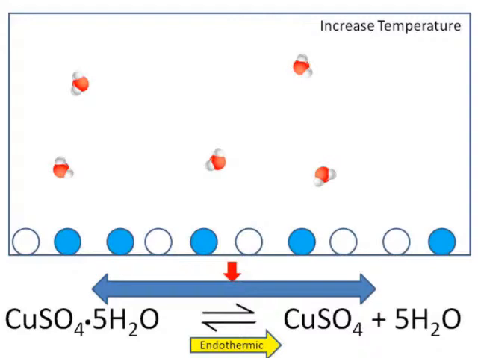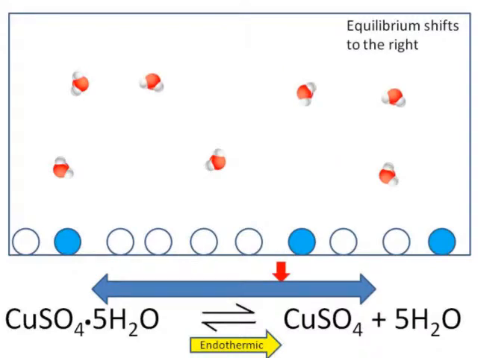So if we increase the temperature, that will increase or shift the equilibrium to the right to encourage the production of anhydrous copper sulfate and water. Okay, so an endothermic, where heat is taken in, is favoured by a high starting temperature. Should make sense. So the equilibrium shifts to reduce the effect of the change.